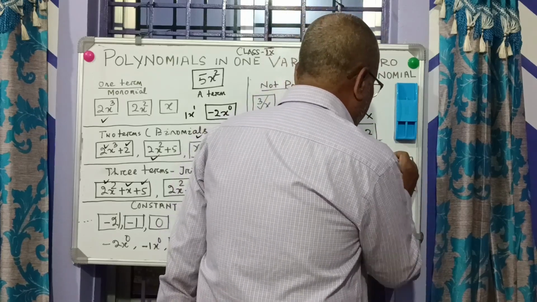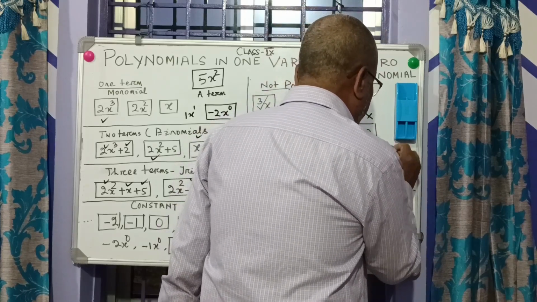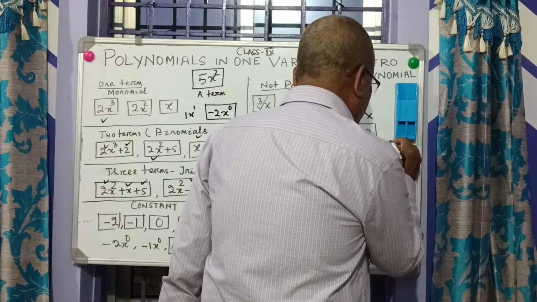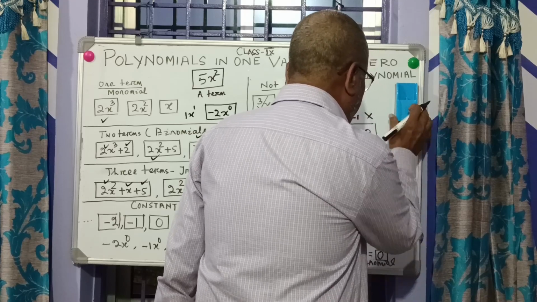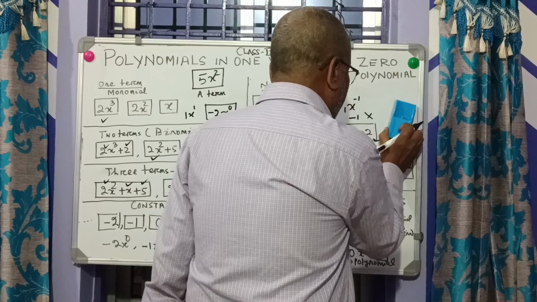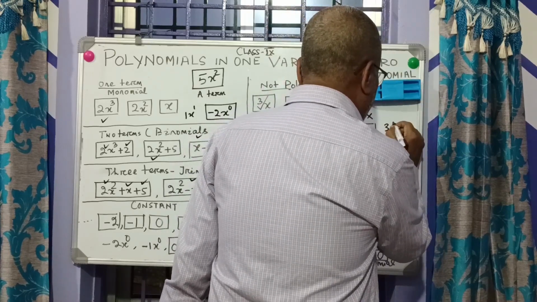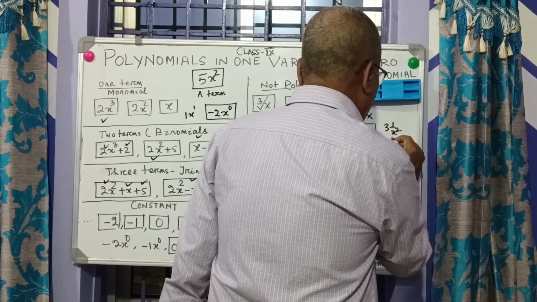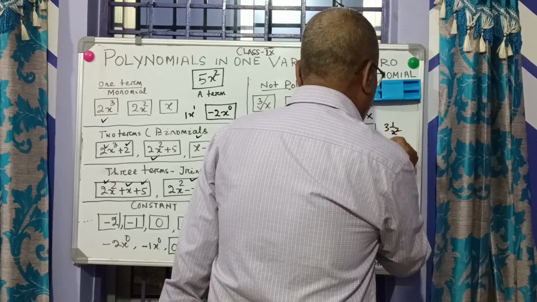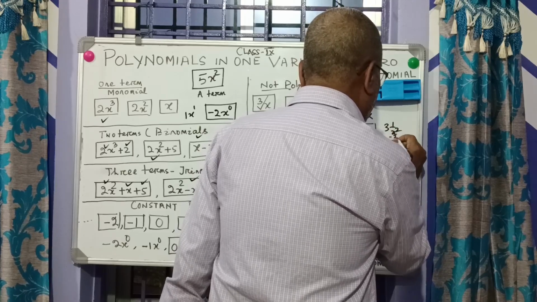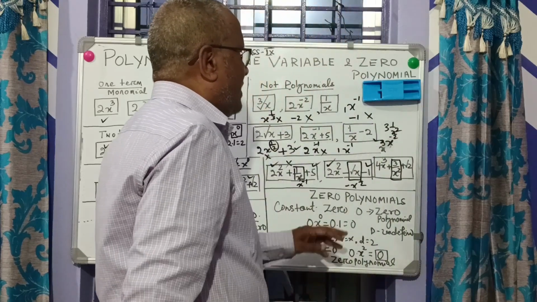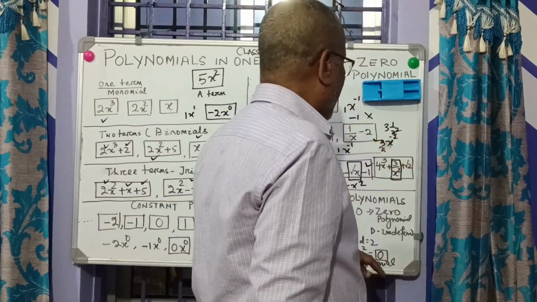We can write 3 into 1 by x square. So 3 into x power minus 2.